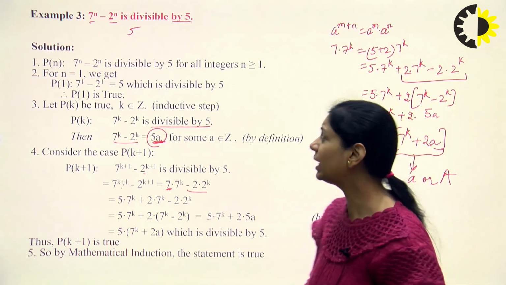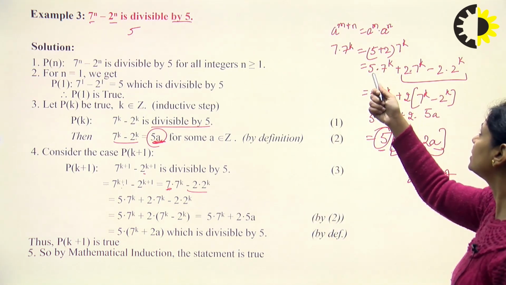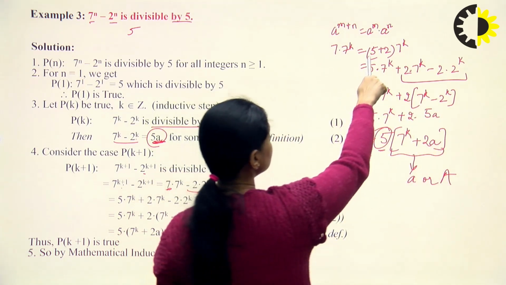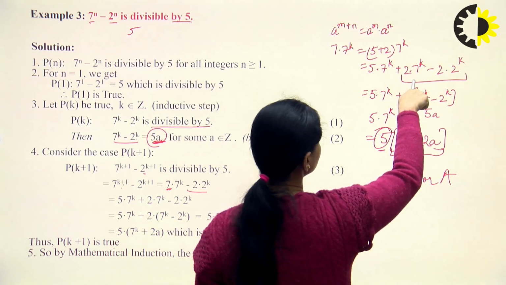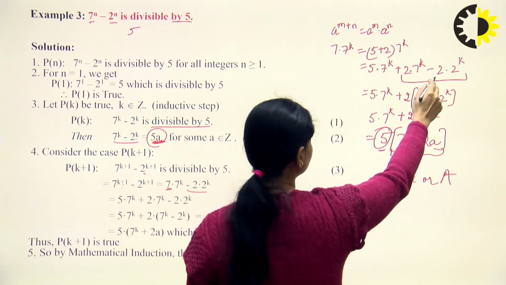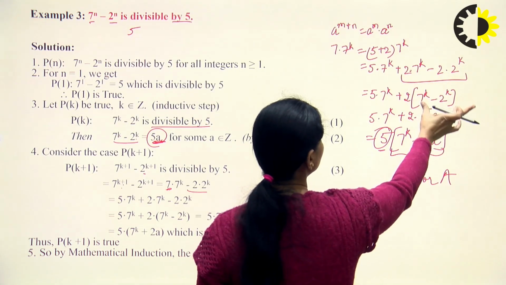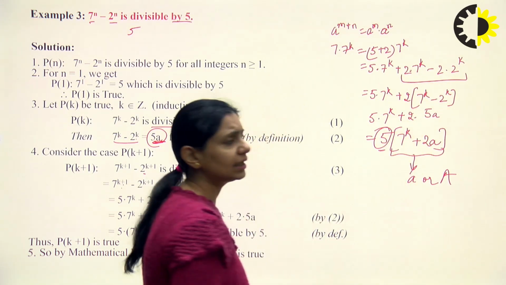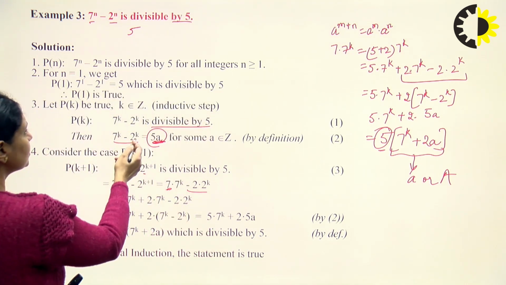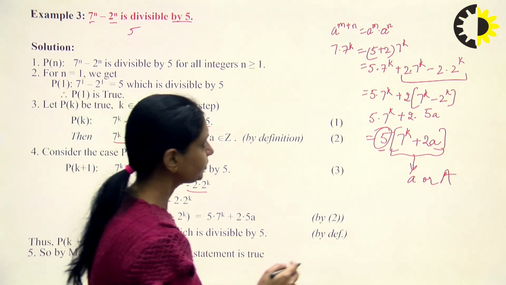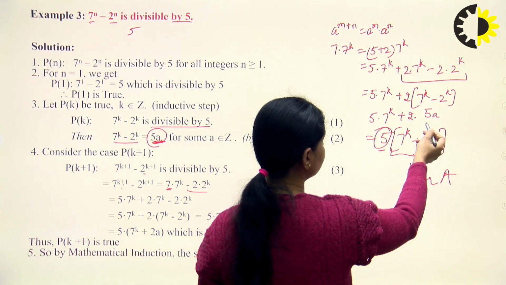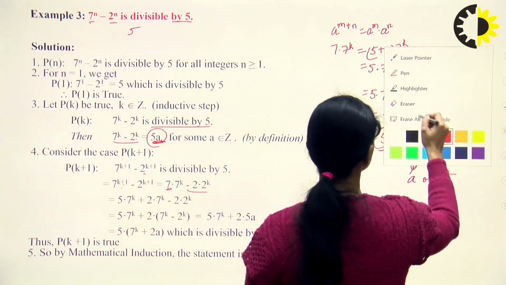We opened the bracket. So, this 7 became 5 plus 2 into 7 to the power k. So, this becomes 5 into 7 to the power k plus 2 into 7 to the power k, and we took this 2 into 2 to the power k from here. We combined these two, took 2 common, we get 7 to the power k minus 2 to the power k. We already know that 7 to the power k minus 2 to the power k is 5a.